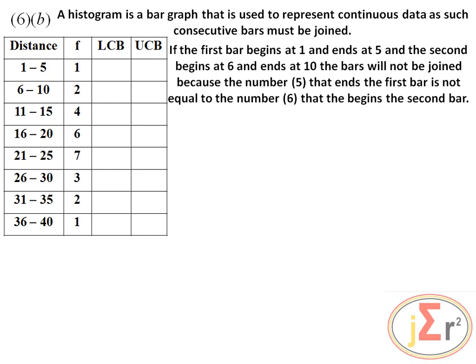The histogram is used to represent continuous data, which is the intention always in constructing a histogram. The consecutive bars must be joined, but if we use 1 to 5 and the other one begins 6 to 10, then the bars will not be joined because 5 is not equal to 6.